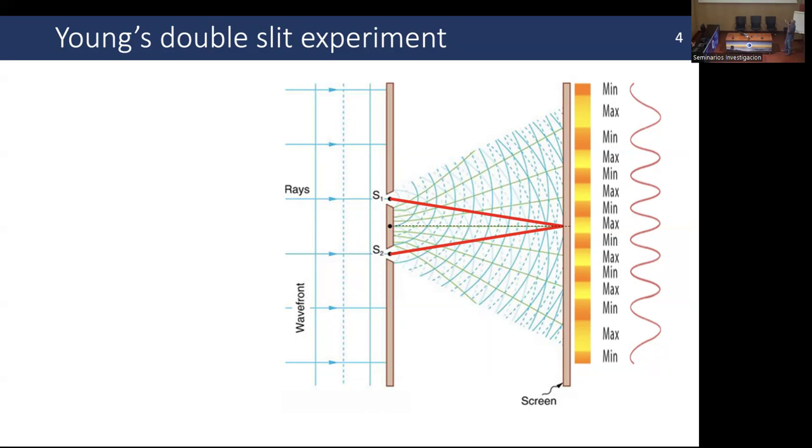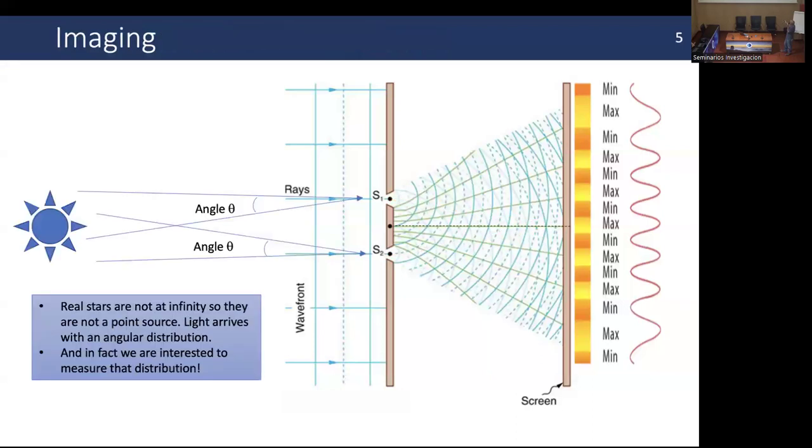So an interference pattern means that you will have maxima and minima, following this sinusoidal shape. The maximum will be at the point where it is the same distance from the two slits, right? So in real life, stars are not point sources.